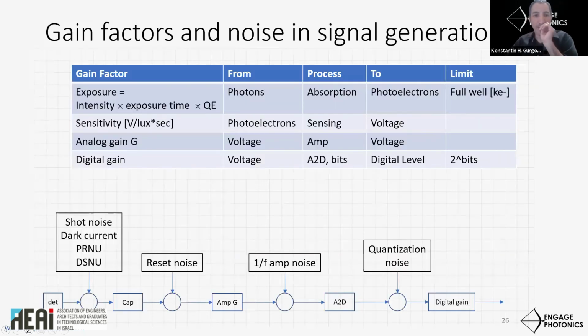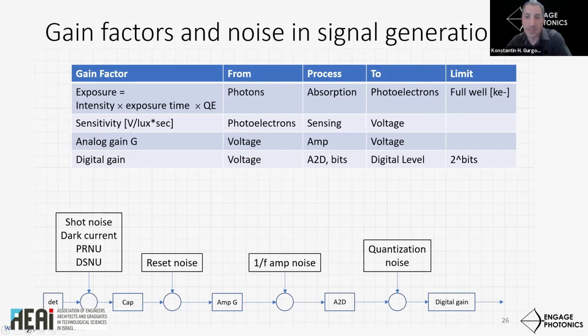So about the gain factors and noise in signal generation, the amount of light the camera can receive during exposure is limited, first and foremost, by the full well capacity of the sensor pixels. It can be from just a few thousand electrons for smaller pixels to tens of thousands of electrons for larger CCD pixels.